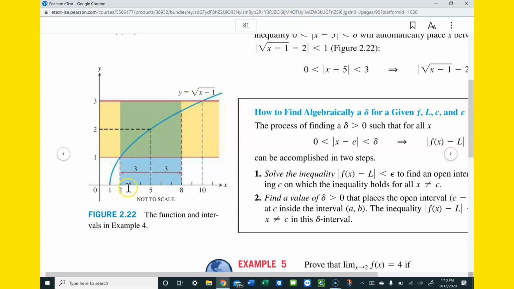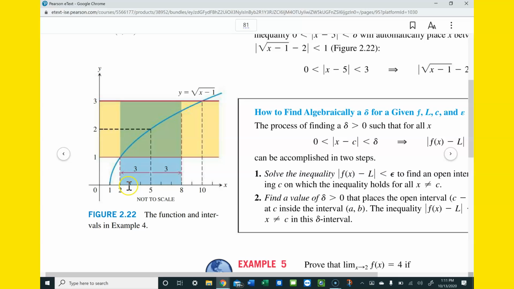But if we want to find the delta that accomplishes it, we wouldn't go all the way to the endpoint of 10, because that's 5 away. And if I was 5 away, that would not work out here, because then I would get outside of that epsilon limitation, that epsilon condition. It would be more than 1 away from 2 if I'm down here, right?